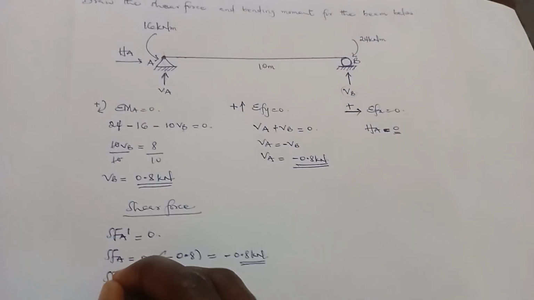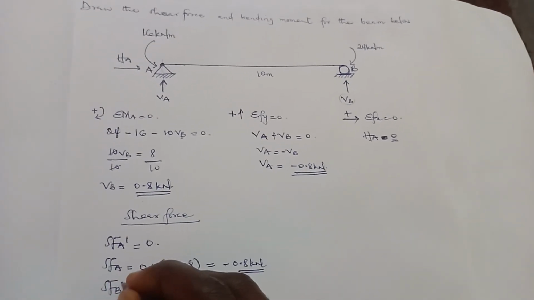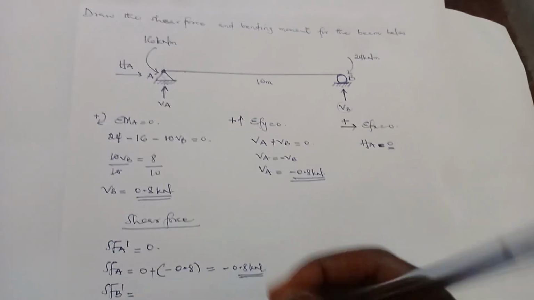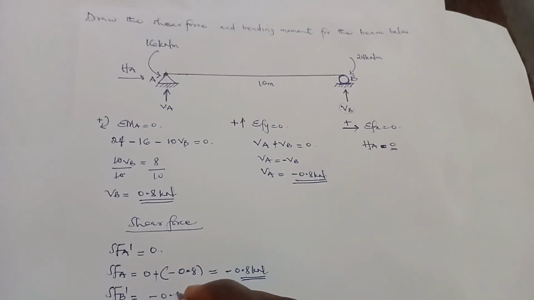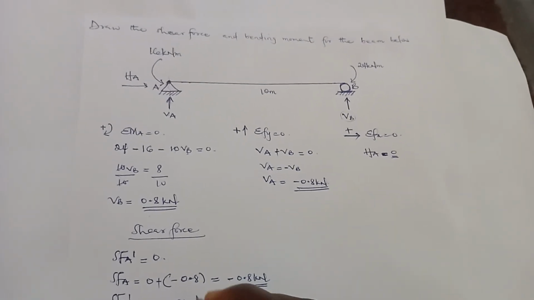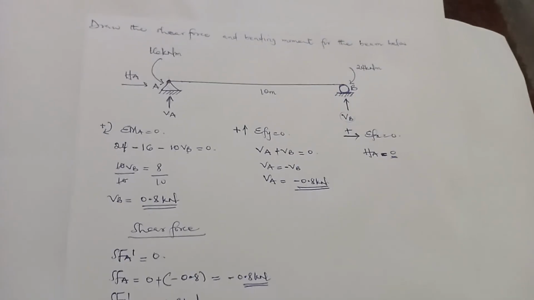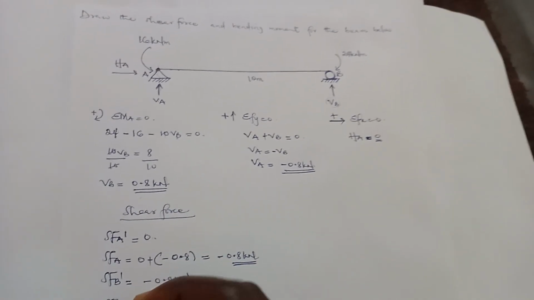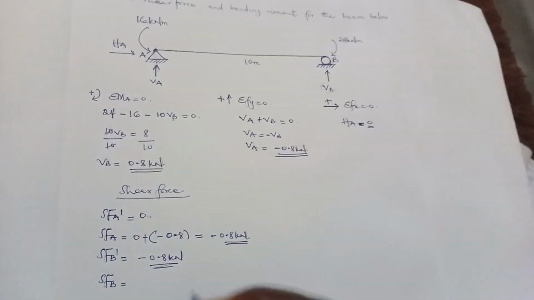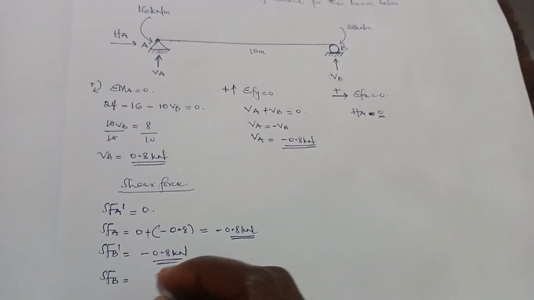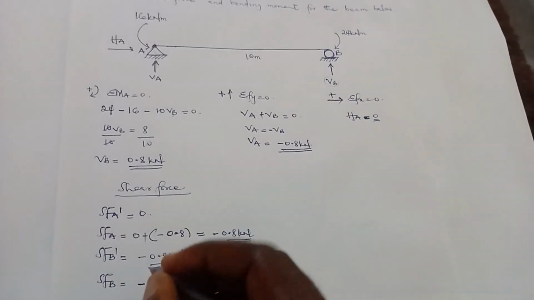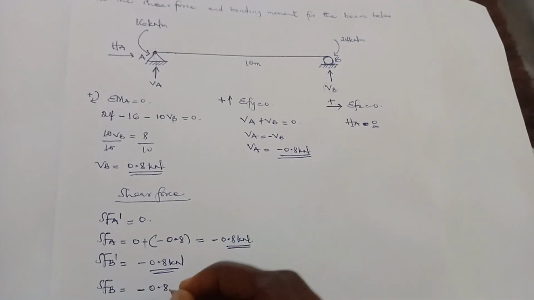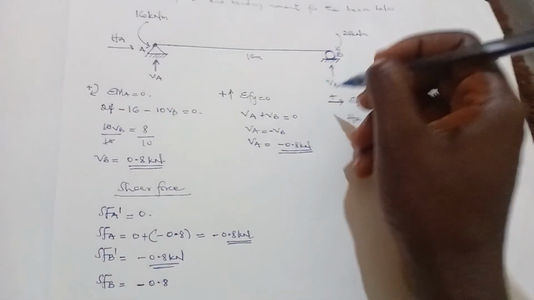For the shear force at B, we also calculate two values. The shear force at B prime is equal to negative 0.8 kilonewton, that's our previous one. For the shear force at B itself, we consider the force acting at B. This is going to give us the previous one, negative 0.8, plus VB.